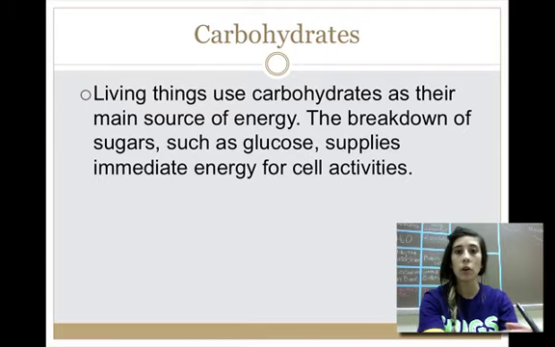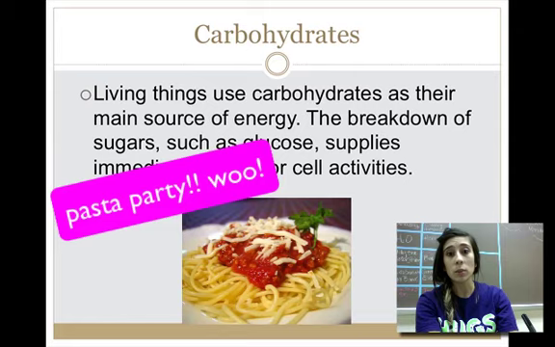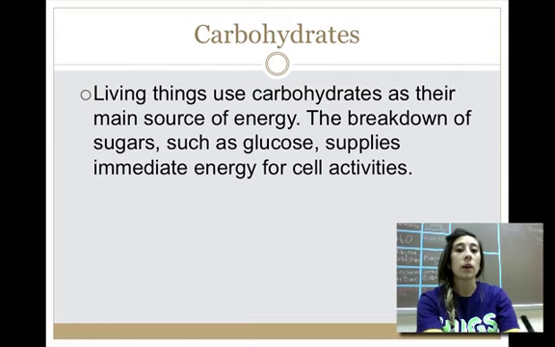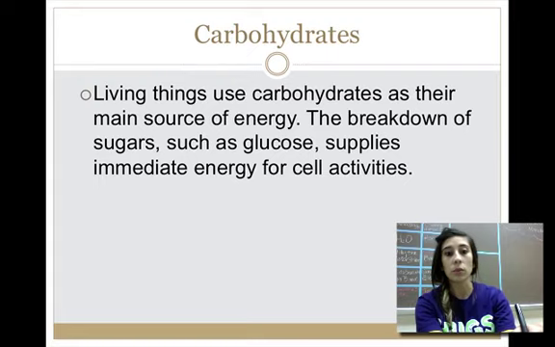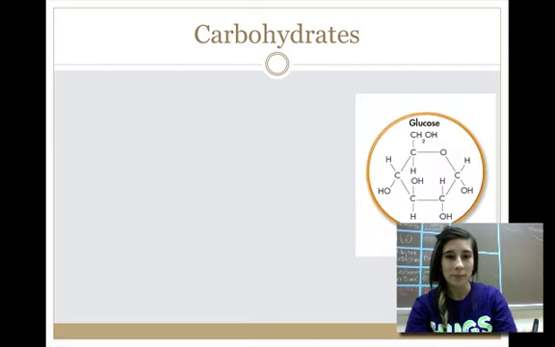So if any of you are cross-country or track runners, I know when I was in track, we used to have pasta parties like the day before a race, and we'd basically make a bunch of pasta, eat a bunch of bread, because those carbs are able to store up in our body, and we had basically an amount of glucose ready for us to run that race. So if you don't do pasta parties, I think you should if you're a runner.